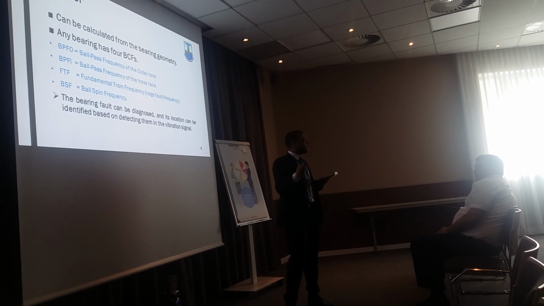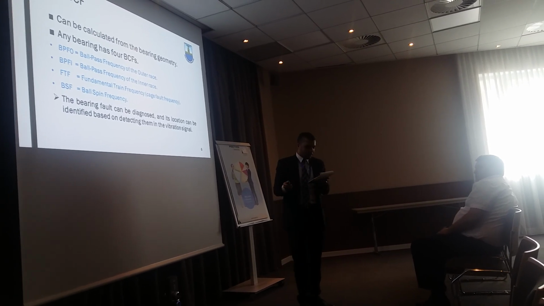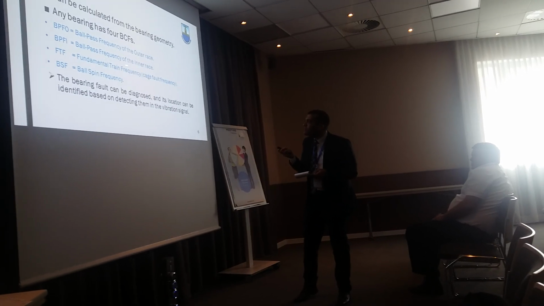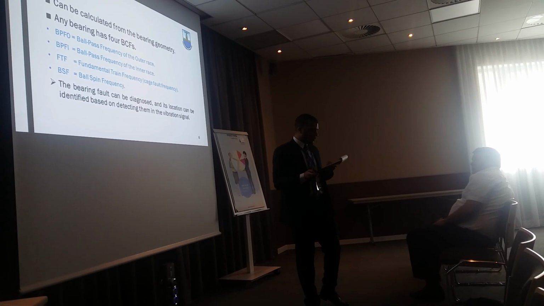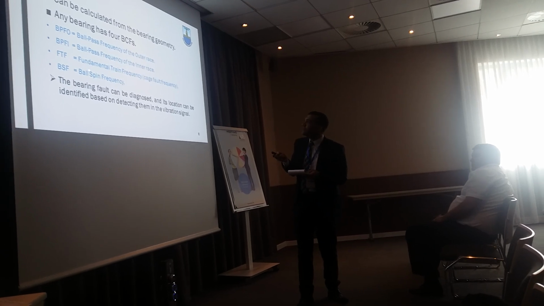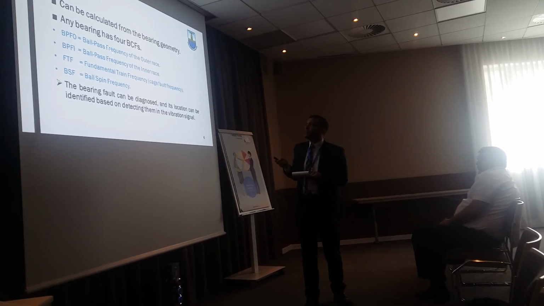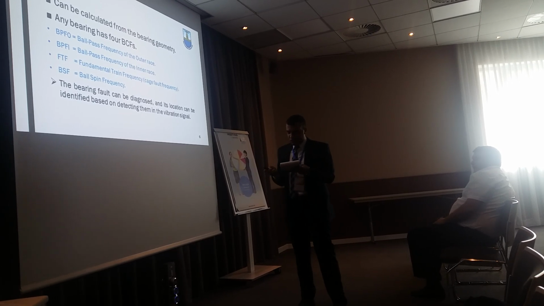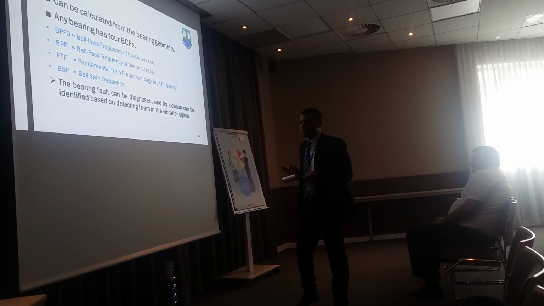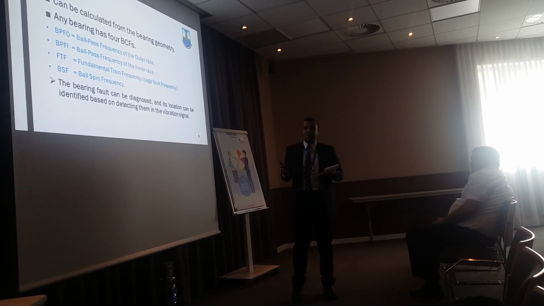And if the fault was on the inner race, we get the ball pass frequency of the inner race. Whereas a cage fault produces a frequency called the fundamental train frequency, and ball faults produce the ball spin frequency. Okay, 4 distinctive values.